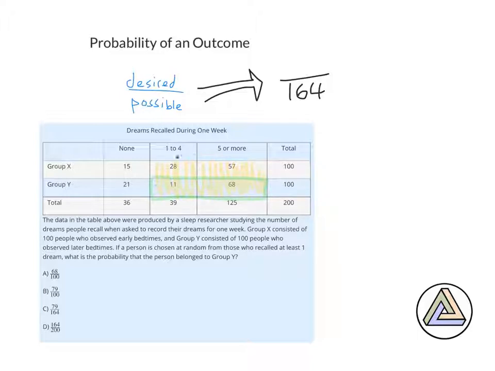So we have the total population in yellow, and we're honing in on the desired outcome of this green box. That's 68 plus 11. 68 plus 10 is 78, 78 plus 1 is 79. So that's 79 right there. That is the answer, which is answer choice C. Moving on.